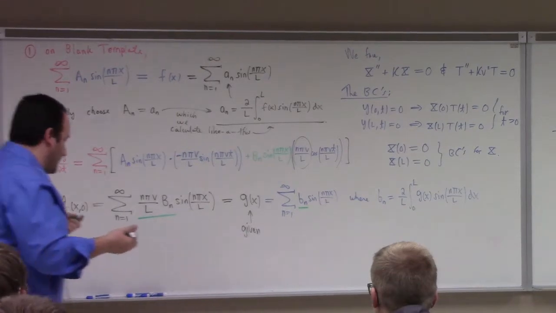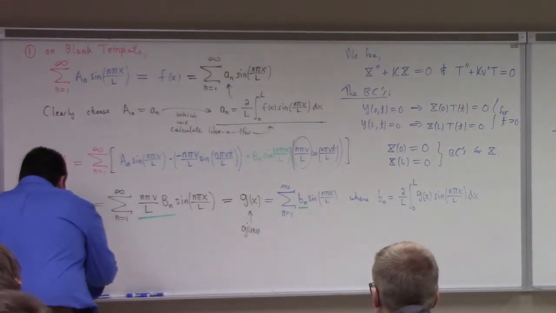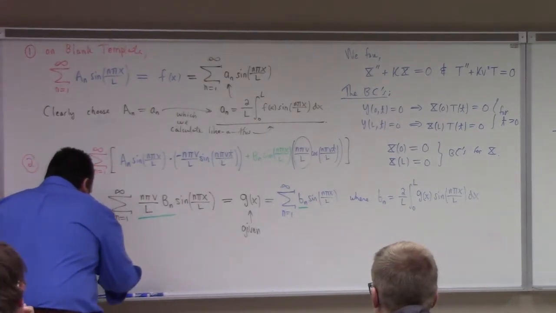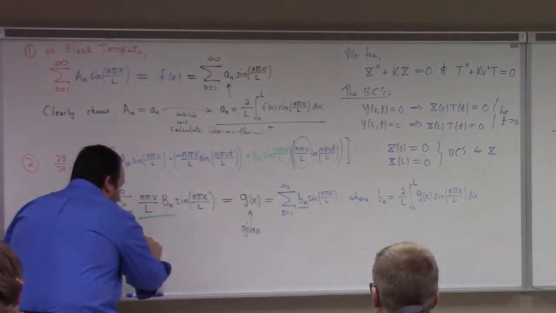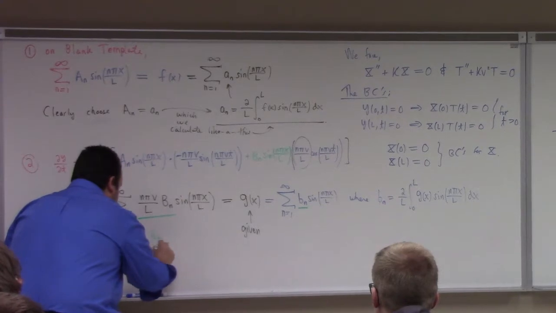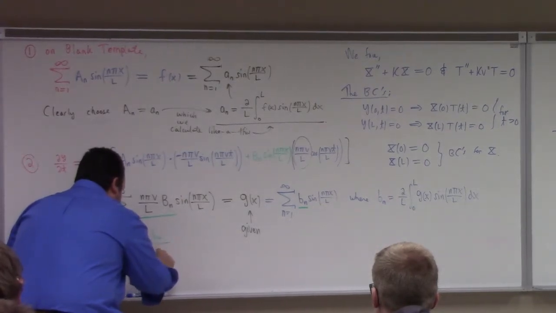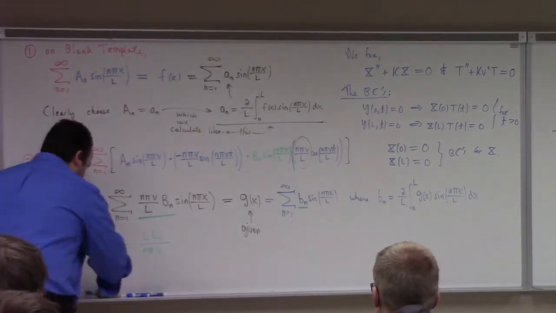But anyway, more to the point, remember it's the big B sub n we don't know yet. We're going to choose big B sub n equal to L little b sub n divided by n pi v, right?